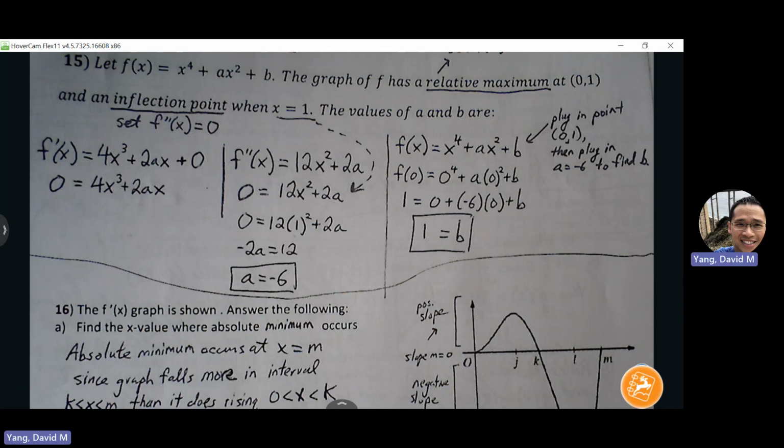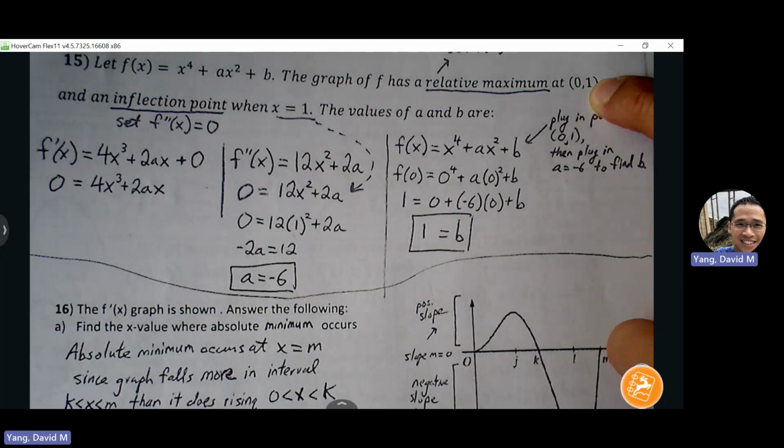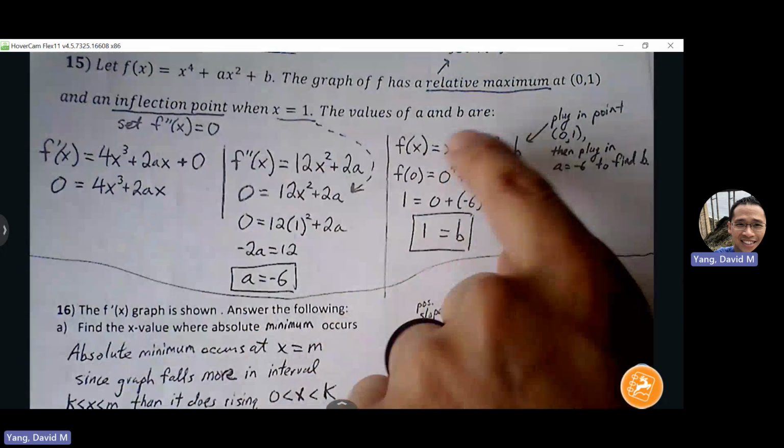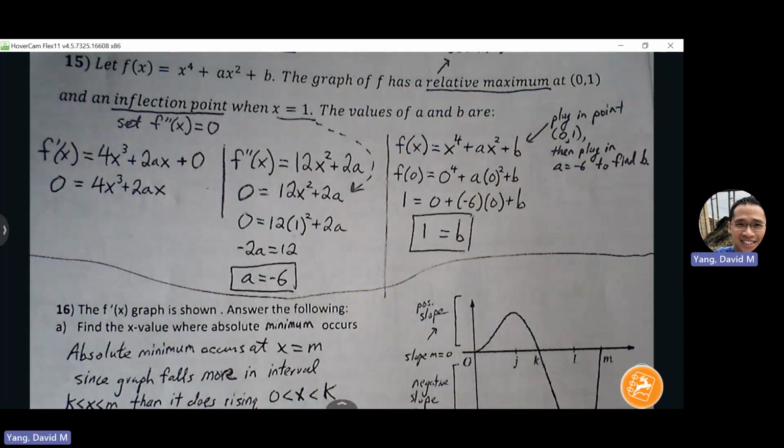But another set of information we can use is that we do have an ordered pair for the function level. So we have x and y that we can plug in that can potentially help us find some information too.